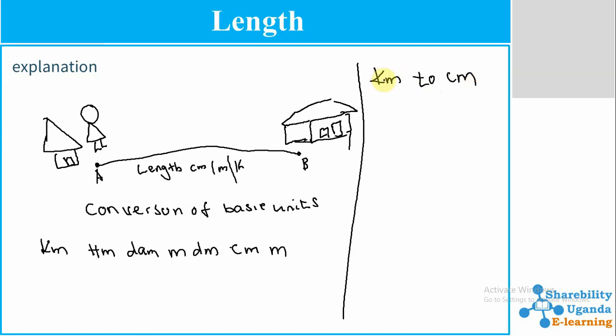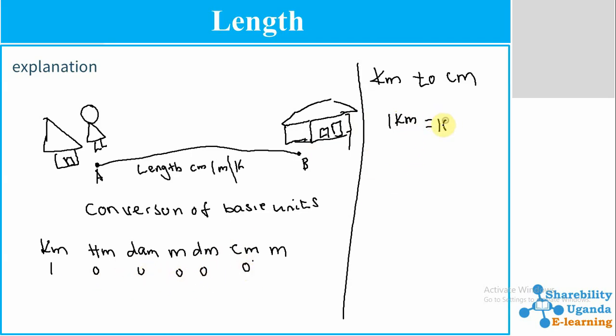We want to know how many centimeters are in a kilometer. What we do is we bring our one where there is a kilometer, then we trace where there is a centimeter. The remaining places we put zeros up to our value, which is a centimeter. So we can say 1 kilometer is equal to how many zeros? 1, 2, 3, 4, 5.